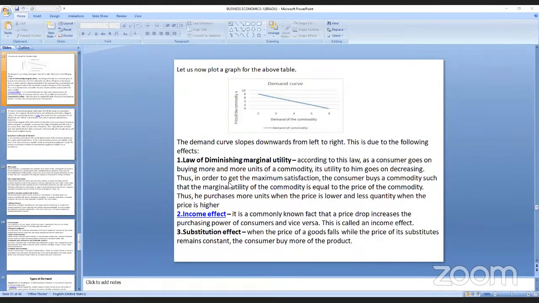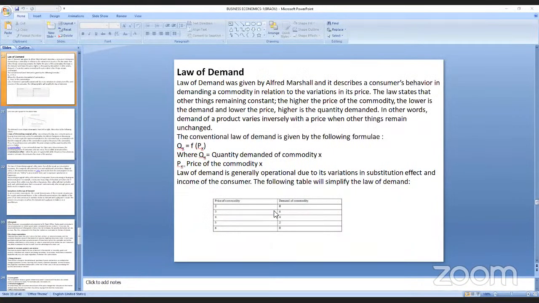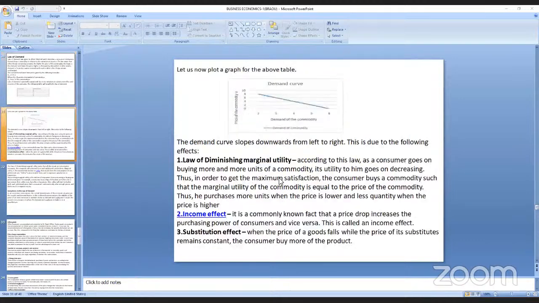Now we'll see from here. It's a very important question. Law of diminishing marginal utility. According to this law, as a consumer goes on buying the commodity, its utility will go on decreasing. The first time you go and see the product, it gives a lot of satisfaction.